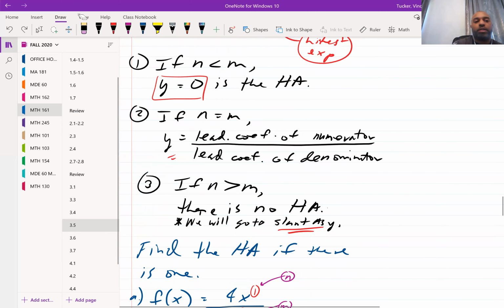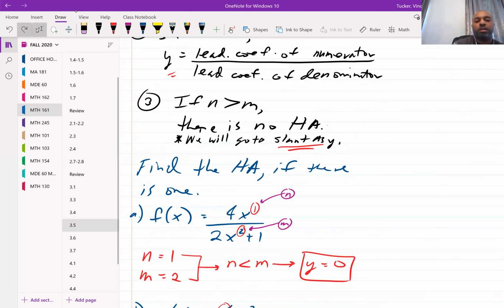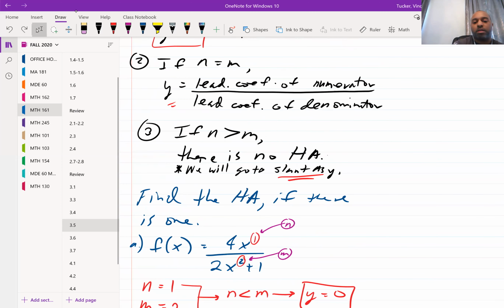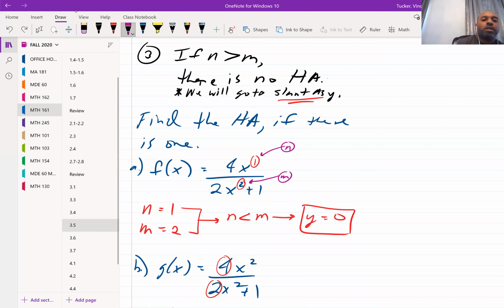our horizontal asymptote, let me make sure I didn't do anything. Okay, take it back. All right, there we go. So horizontal asymptote y is equal to 0. So no calculation, just observation. If the highest exponent of my numerator is less than the highest exponent of my denominator, my horizontal asymptote is 0.